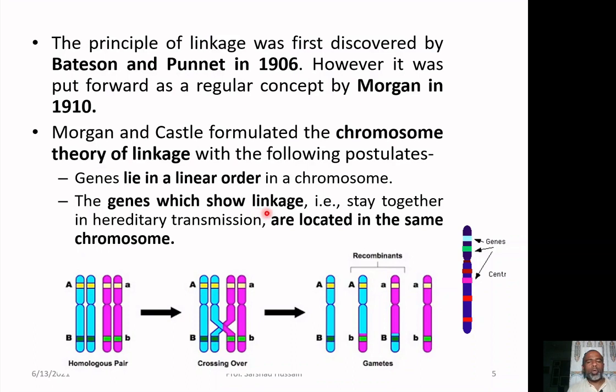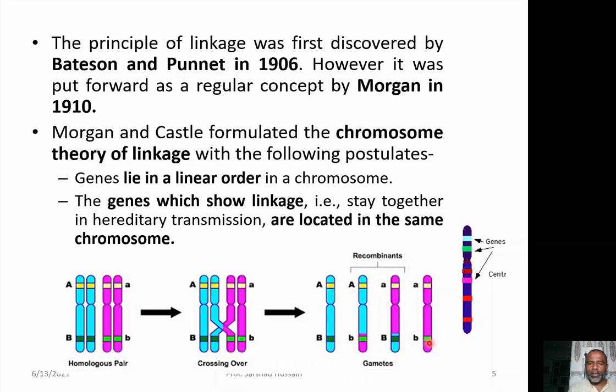The genes which show linkage, that means those genes present on the same chromosome, will stay together in hereditary transmission. When the parents form the gamete, the chromosome carrying both genes A and B will go to the same individual. Here also you can see in the gamete that capital A and capital B are present together, and small a and small b are present together.